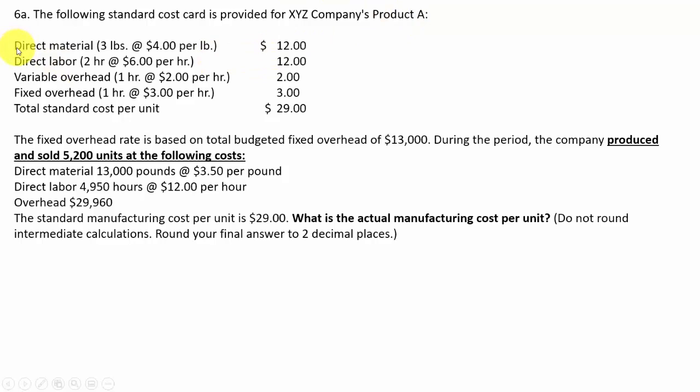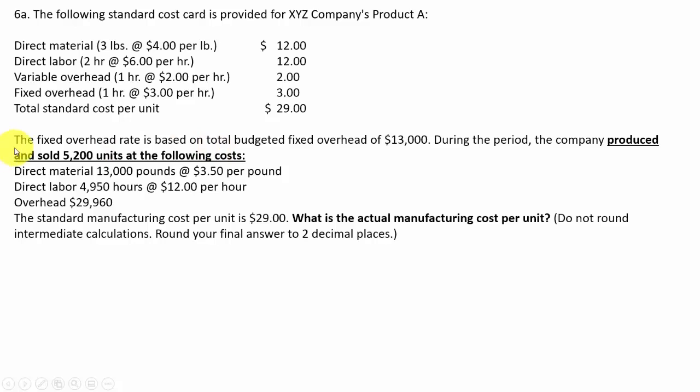They're supposed to use direct materials, 3 pounds at $4 per pound, which is $12. They're supposed to use direct labor, 2 hours, $6 per hour, $12. They're supposed to use variable overhead, 1 hour at $2 per hour, which is $2, and fixed overhead, 1 hour at $3 per hour, $3, to come up with the total standard cost per unit of $29.